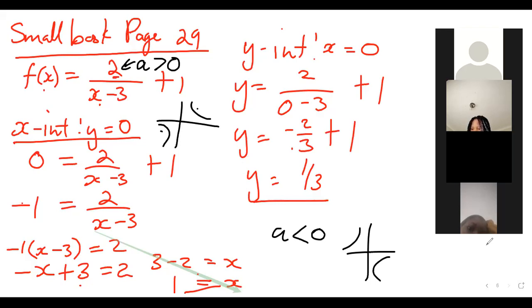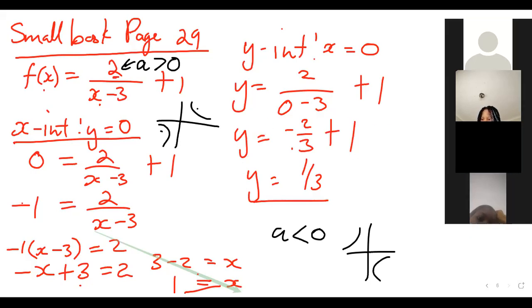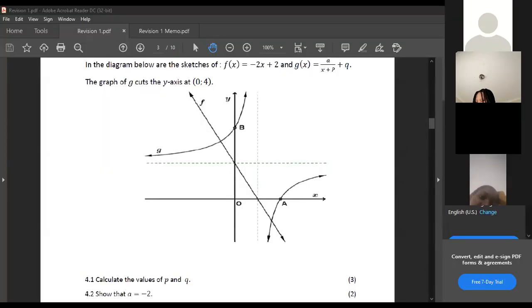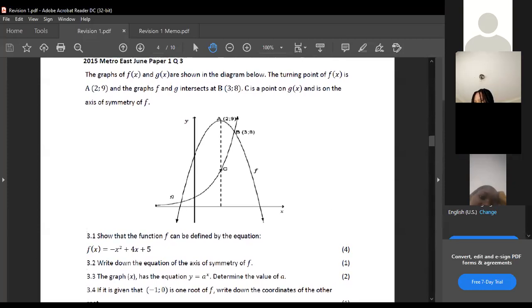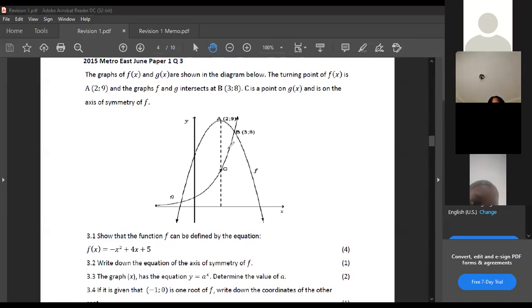Now let's look at the next question, which is the parabola. We are given a parabola. With the parabola, the first thing you ask yourself is, what am I given? Remember, there is the intercept form and the turning point form.